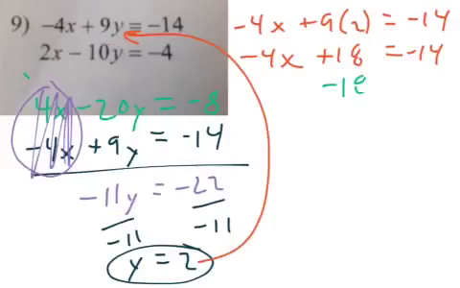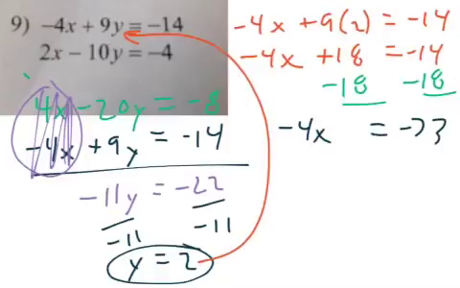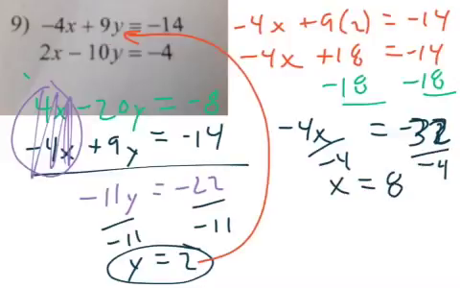I'm going to subtract 18 from both sides. So negative 4x now equals negative 32. And once I divide by negative 4, I know that x is positive 8.